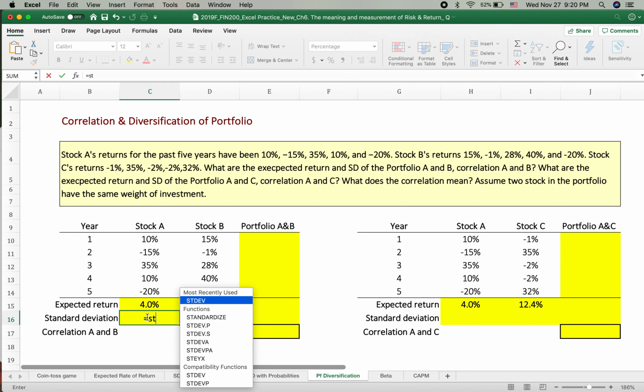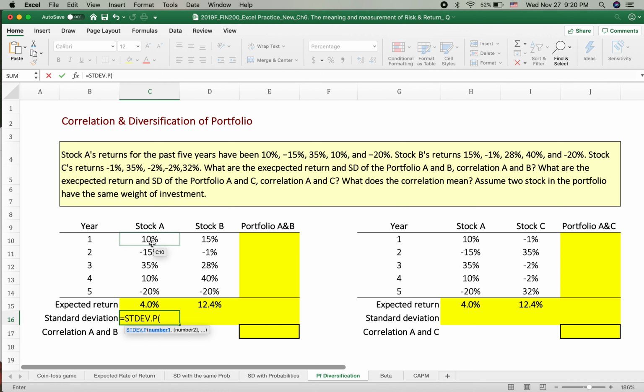As we practiced earlier, let's assume that the historical data is the total population, so STDEV.P is the function for this standard deviation calculation. So 19.8% is the standard deviation. Expected rate of return is 4%, but the standard deviation of 19.8% is so high, right?